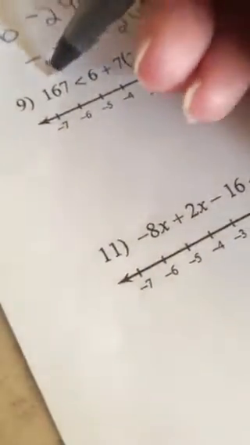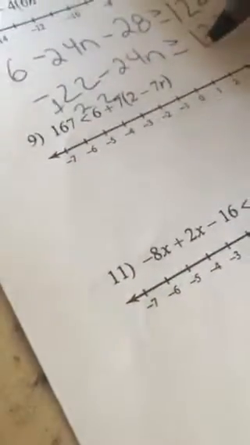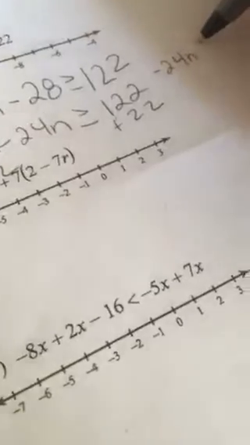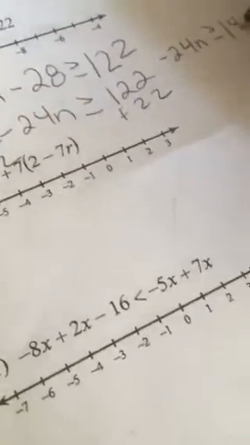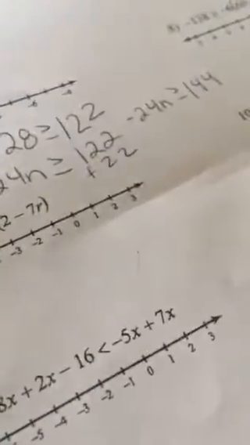Okay, I'm going to add 22 on both sides. And I get negative 24n is greater than or equal to 144.